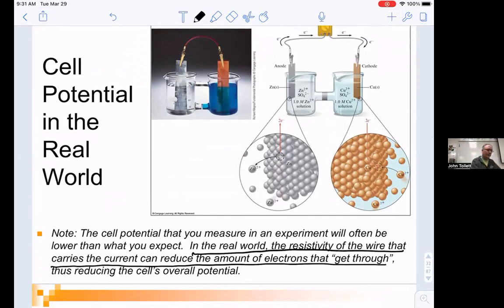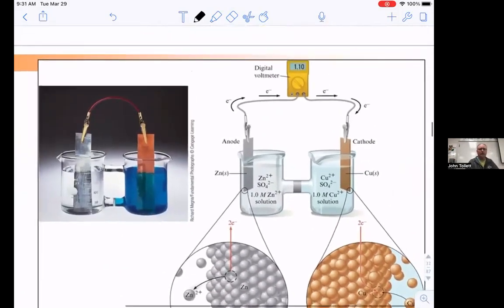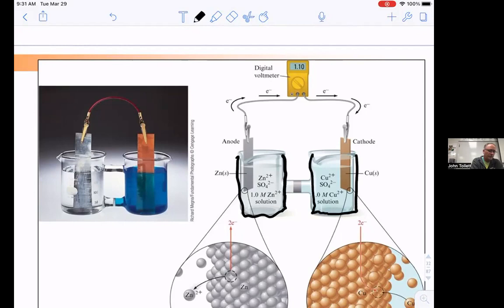If you look at the one up here at the top, this is one we use so frequently, and that's a zinc copper cell. You've got zinc immersed in a solution of its ions on the left-hand side, and you've got a copper metal electrode, which is the cathode, immersed in a solution of its ions on the right-hand side. The electrons would flow from the zinc to the copper.